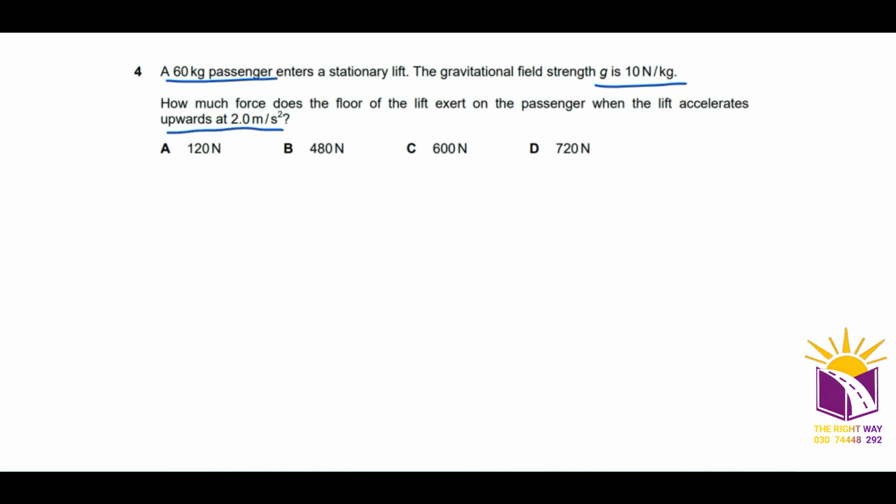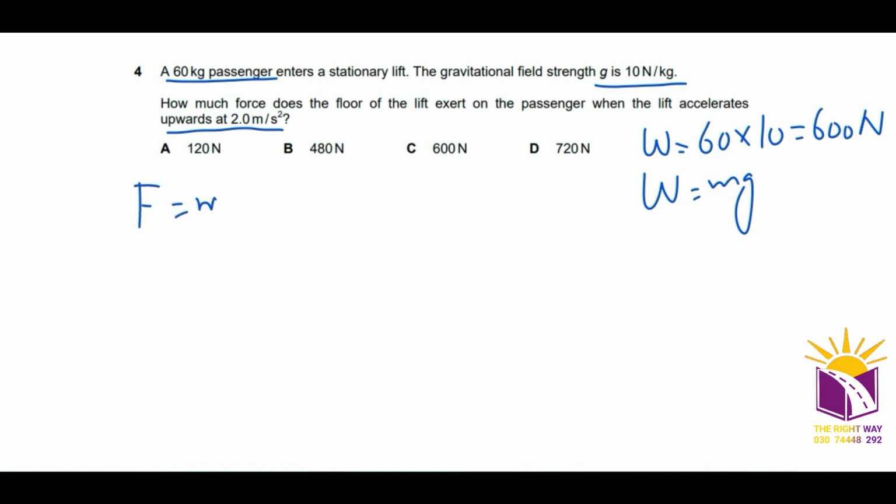So first of all, we are going to calculate the weight of the passenger, which is equal to 60 multiplied by 10, as W is equal to mg, so it will be equal to 600 Newton. And the force with which the body is accelerating will be F is equal to ma, which is F is equal to 60 multiplied by 2 is equal to 120 Newton.